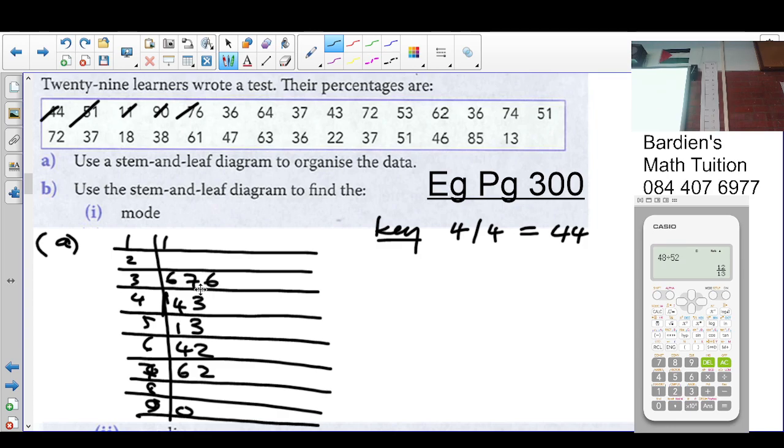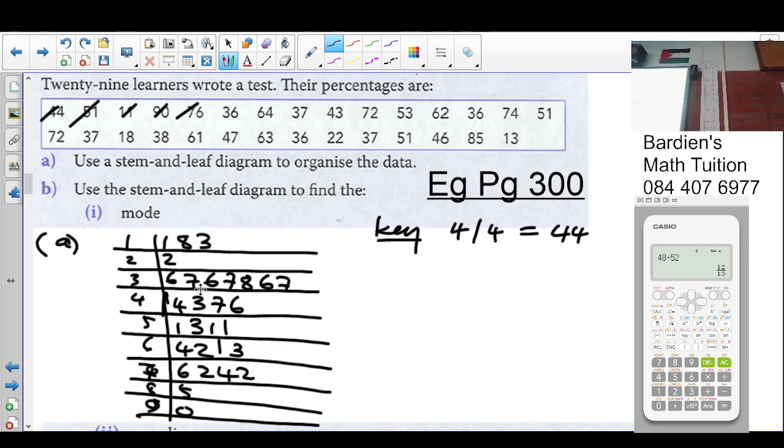36, 74, 51, 72, 37, 18, 38, 61, 47, 63, 36, 22, 37, 51, 46, 85, 30.